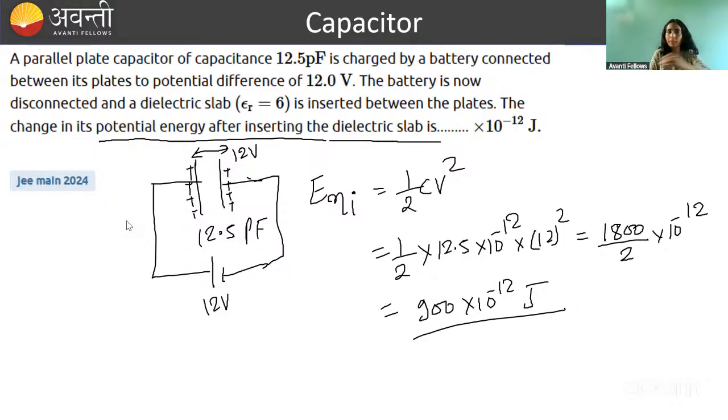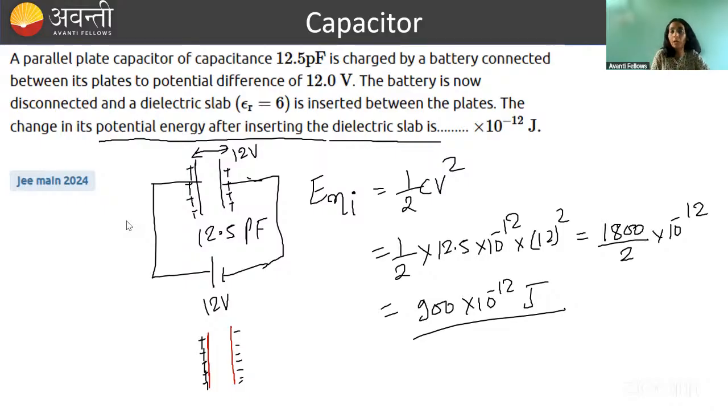So what will happen if we insert the dielectric? If you look carefully, here is the capacitor, and now the battery is disconnected. There is no longer a battery, but this plate is charged with positive charge and this with negative charge, because we connected it to the battery for a long time.